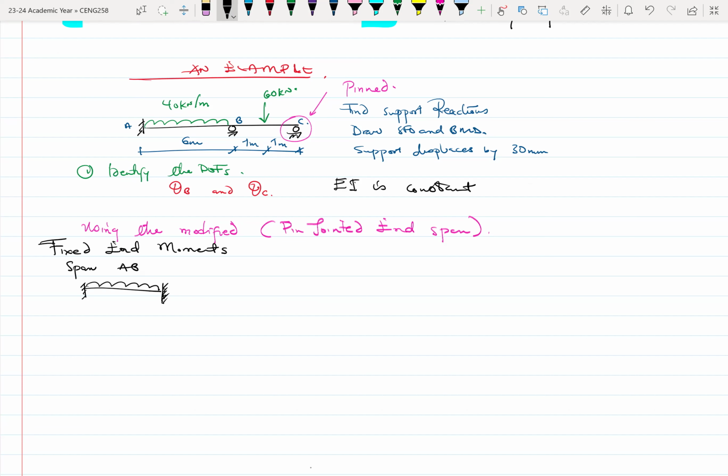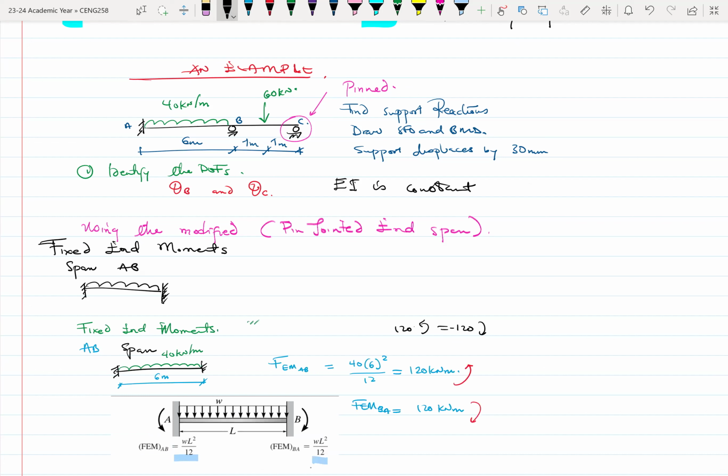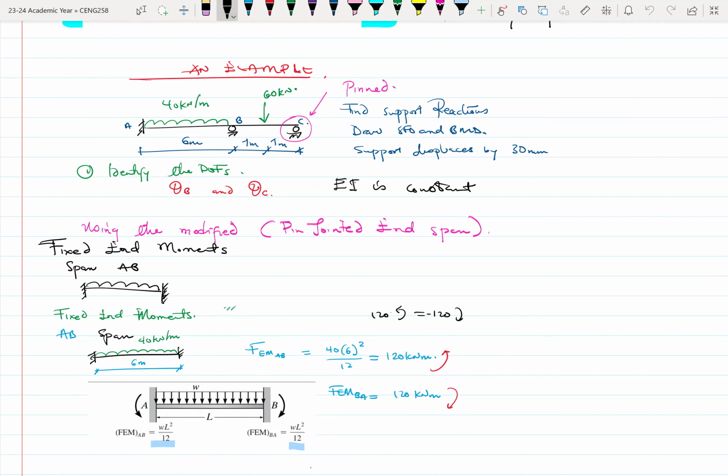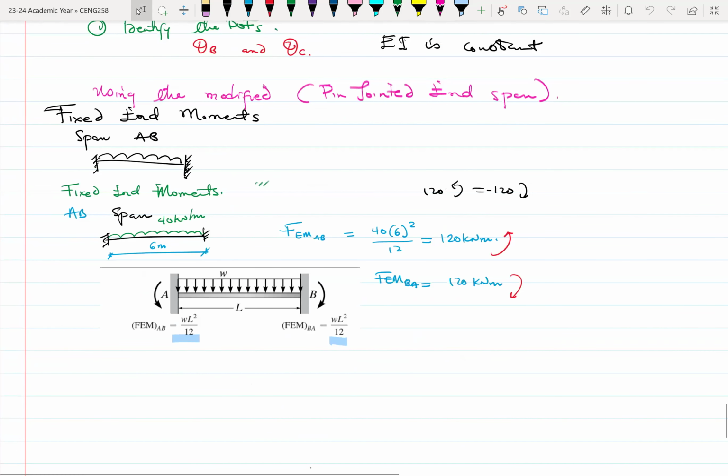So I'm just going to copy that part, since nothing really changes over here. So we have this for the fixed end moment. Just going to bring the same thing here. Nothing changes.